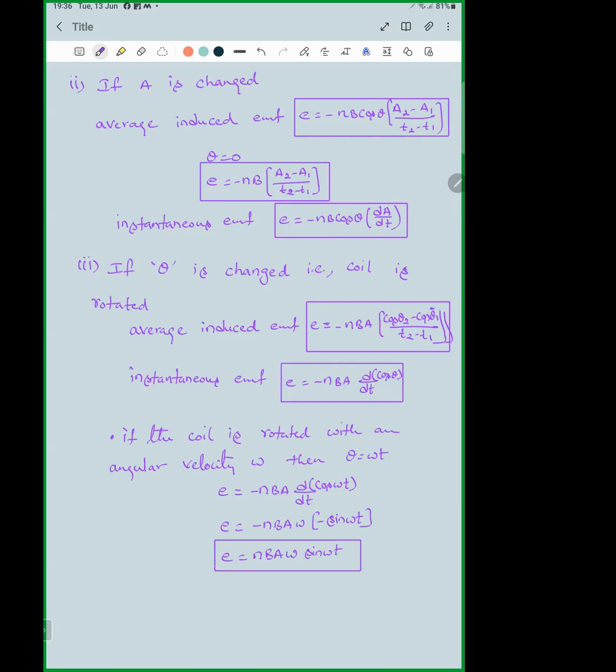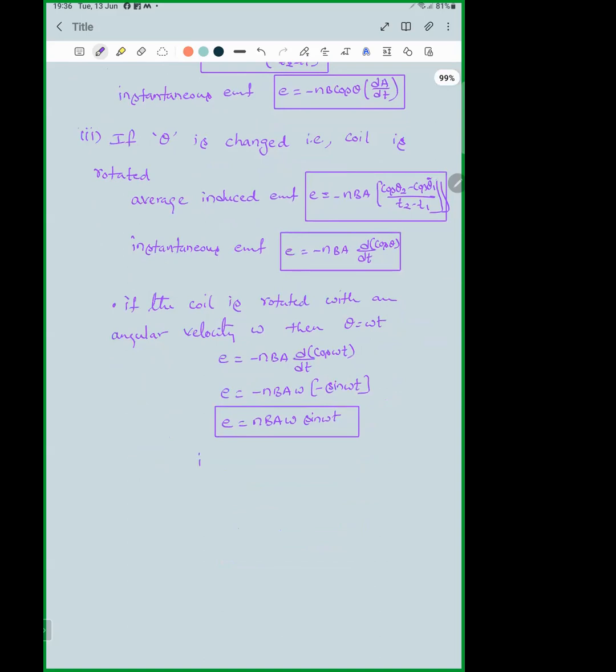Suppose the plane is parallel to the magnetic field, what will the theta value be? 90. If omega t is equal to 90, then E is equal to E naught. So E naught is equal to NBA omega.